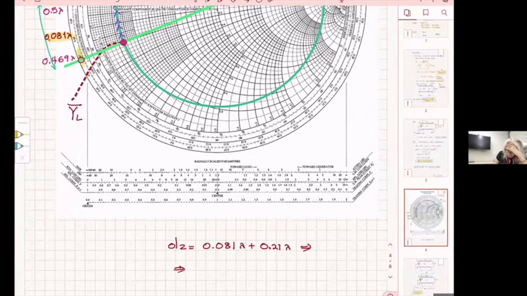Which makes d2 to be 0.241 lambda. Okay, so that's d2.